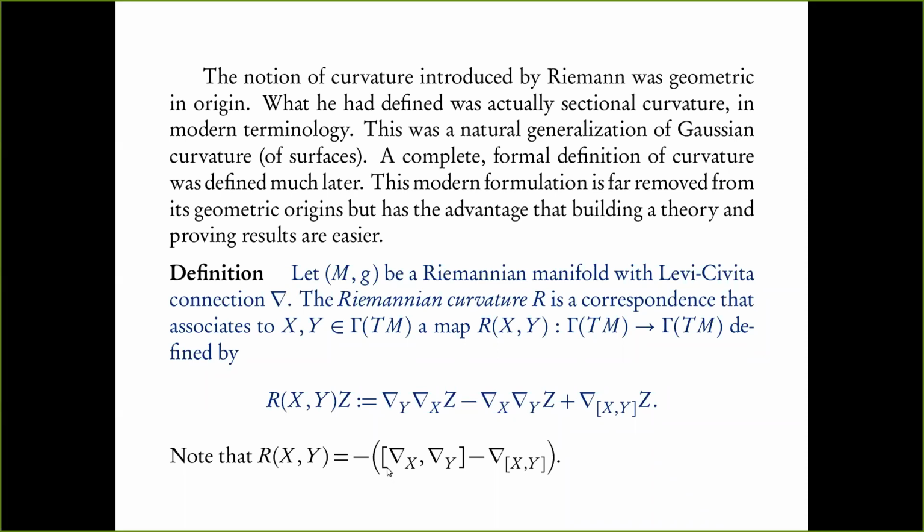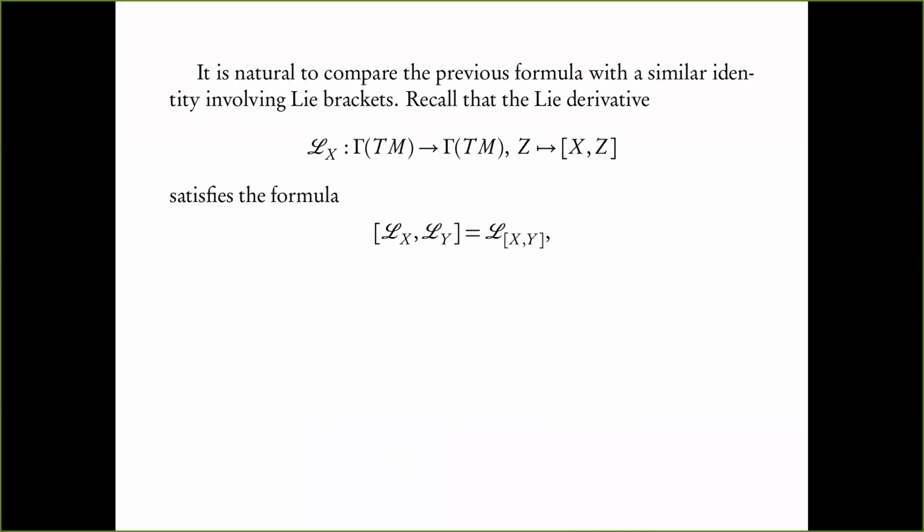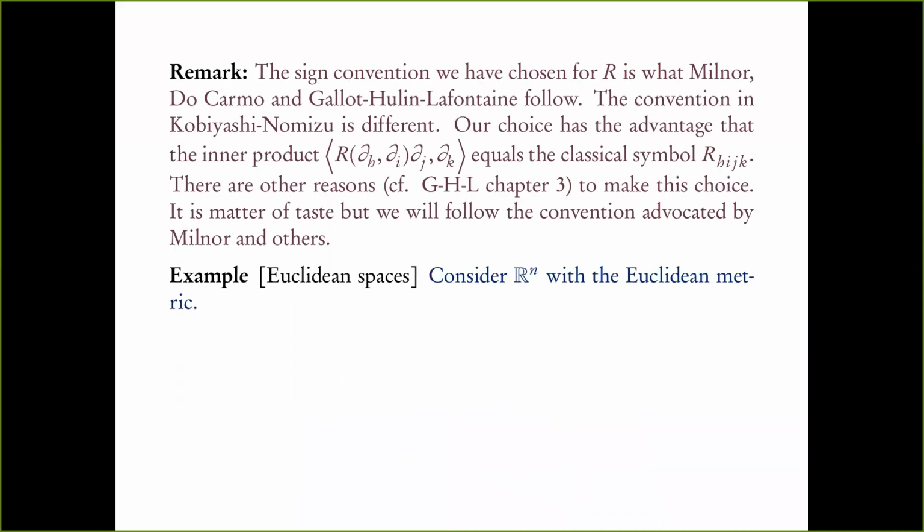Yeah. So if you look at this last line, R of xy up to a minus sign is the commutator of certain things minus nabla of the commutator. So when I switch x and y, this comes with a minus sign, but the minus sign can be pulled out. Similarly, when I switch x and y, this commutator changes by a sign. So R of xy is minus R of yx simply by how it's defined. Okay, so it's just that property.